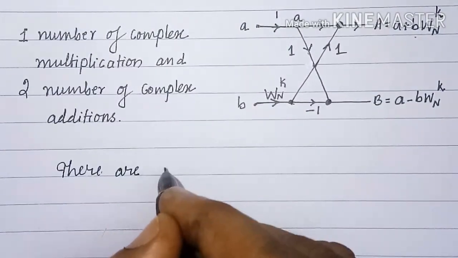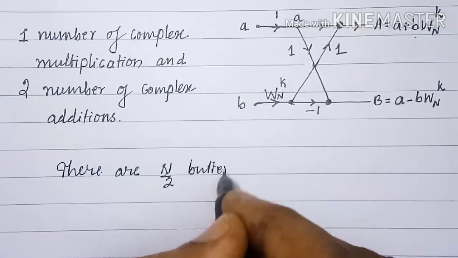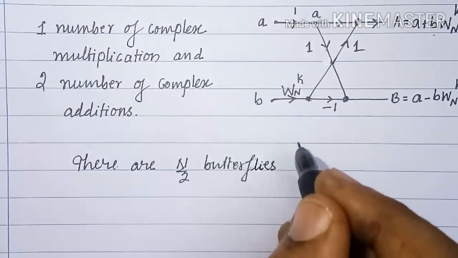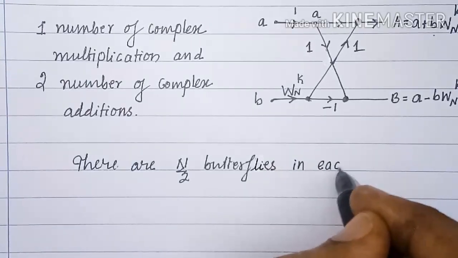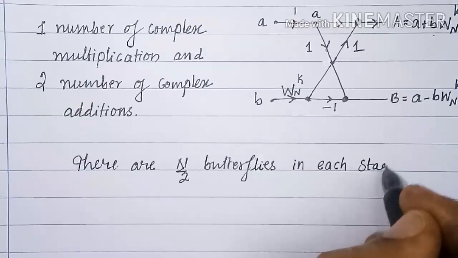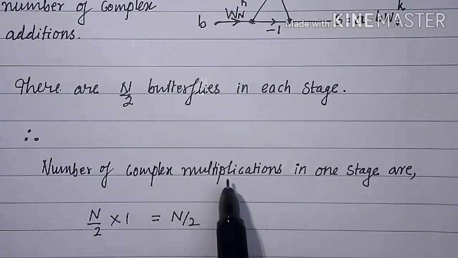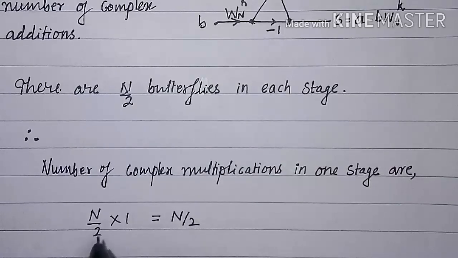There are N by 2 butterflies in each stage. Therefore, the number of complex multiplications in one stage is the number of butterflies in one stage into the number of multiplications per butterfly, that is equal to N by 2.